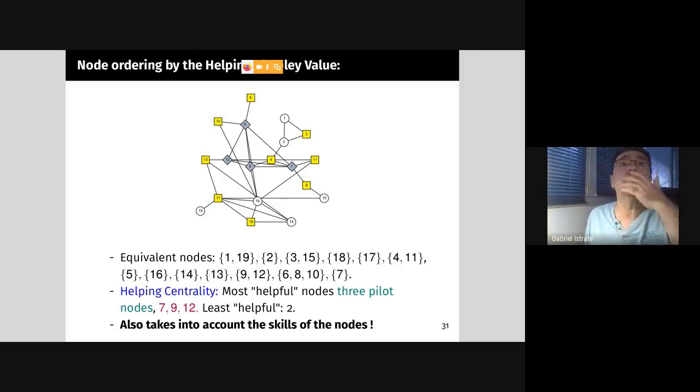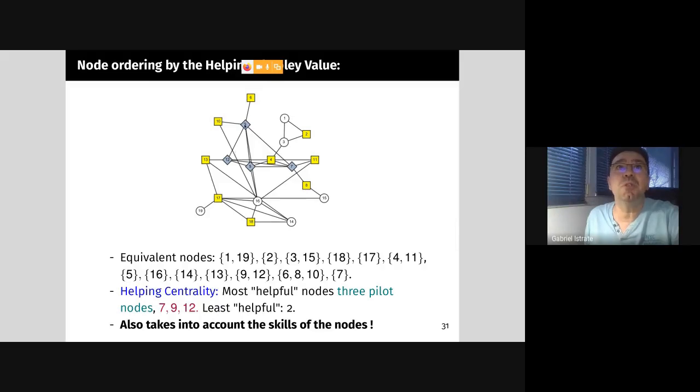What about helping Shapley value? In helping, the centrality of a node includes what the node can do, but also what the neighbors can do. So it's all of them. In this scenario, it's the 3 nodes that are pilots other than 5, so 7, 9, and 12, that come up most central.